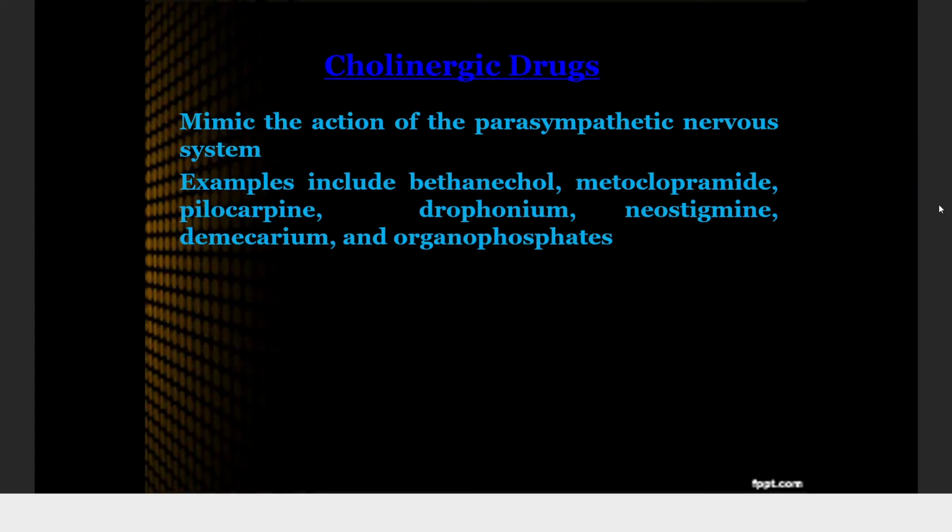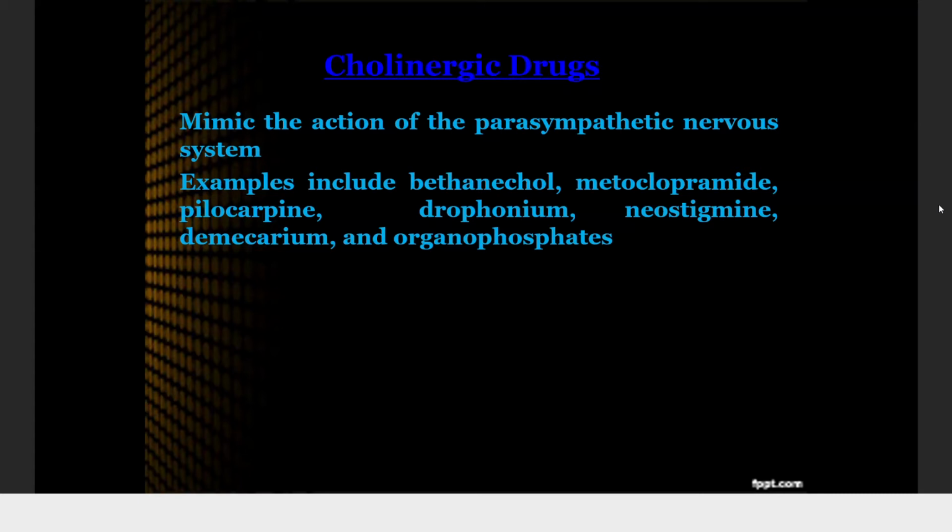They also have some cardiovascular and respiratory effects if it is given subcutaneously, with an overdose or high dose of bethanechol.